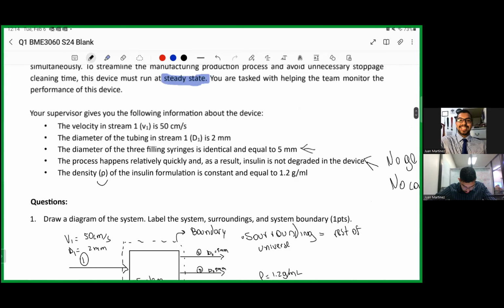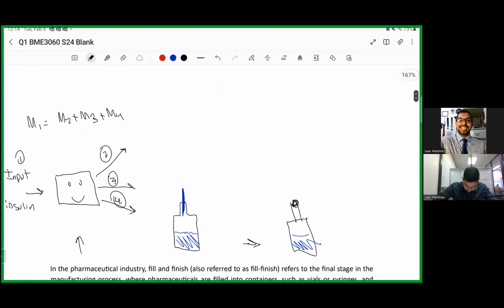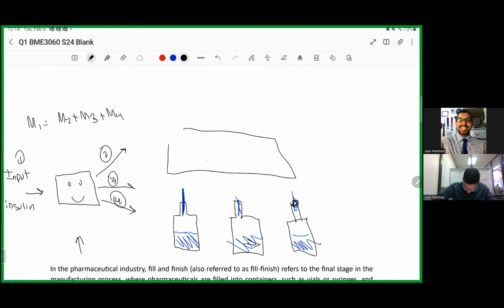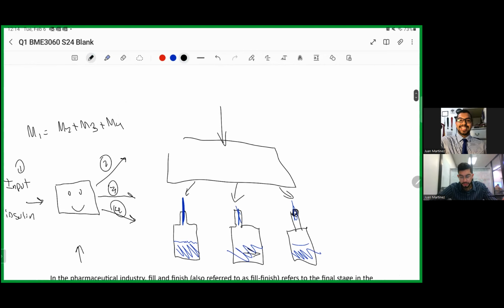So let's go back here. We have this machine, right? And what we have in our system, and what we're filling at the end of the day, is insulin.